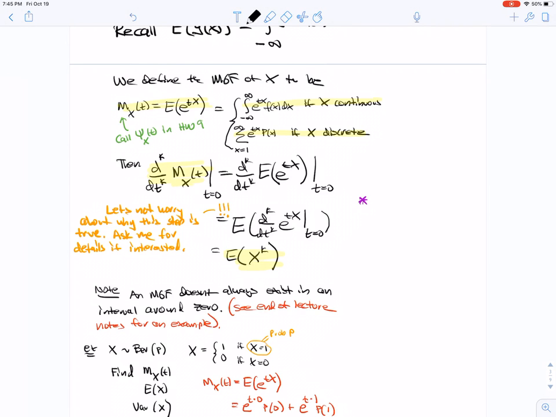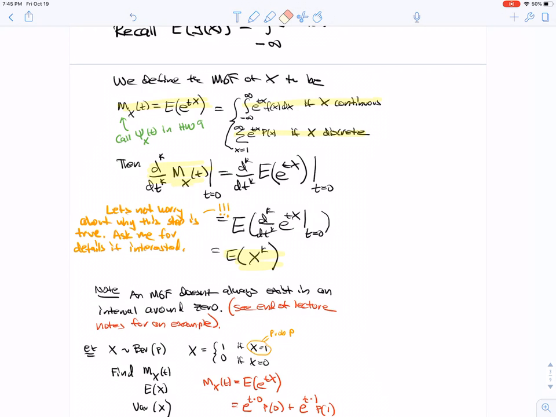And so then the kth derivative of the moment generating function evaluated at t = 0. Here's what that means in terms of the definition of the moment generating function.